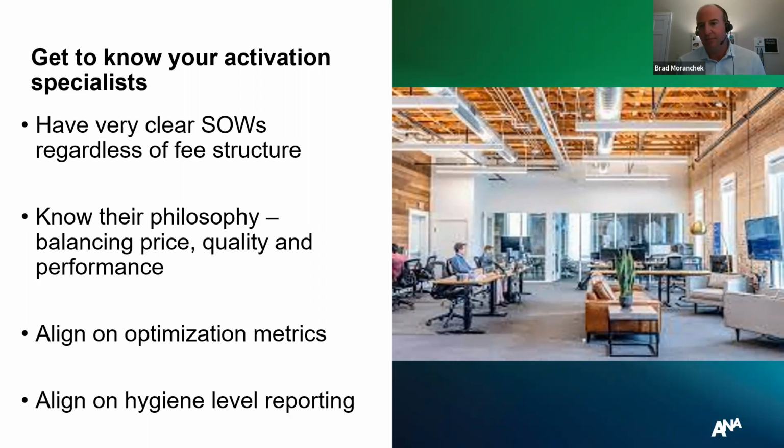How are we going to set benchmarks so that we can track and monitor performance to see if we're getting better or worse? We should be getting better if we're optimizing. And if we're starting to get worse, can we diagnose what we think is causing that and make some adjustments? So it's very important to know how the team is setting your campaign up to success metrics that align to your business goals.